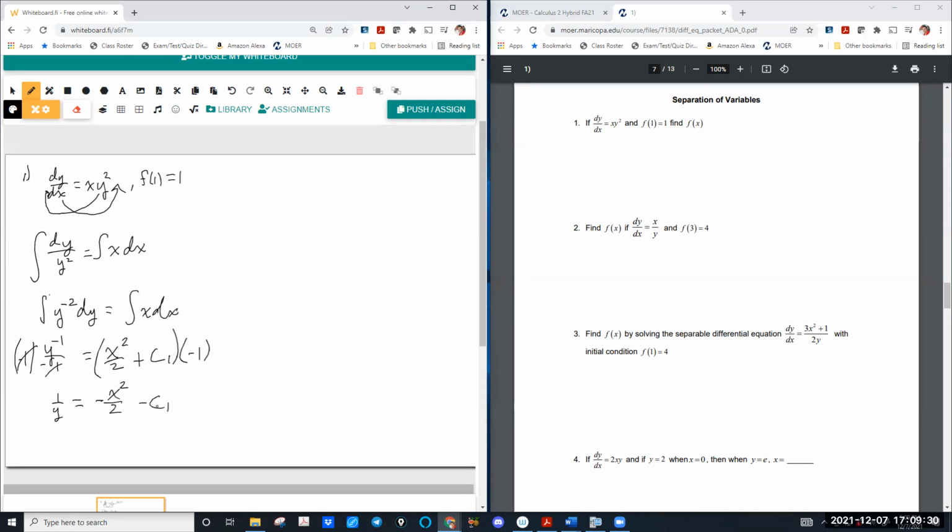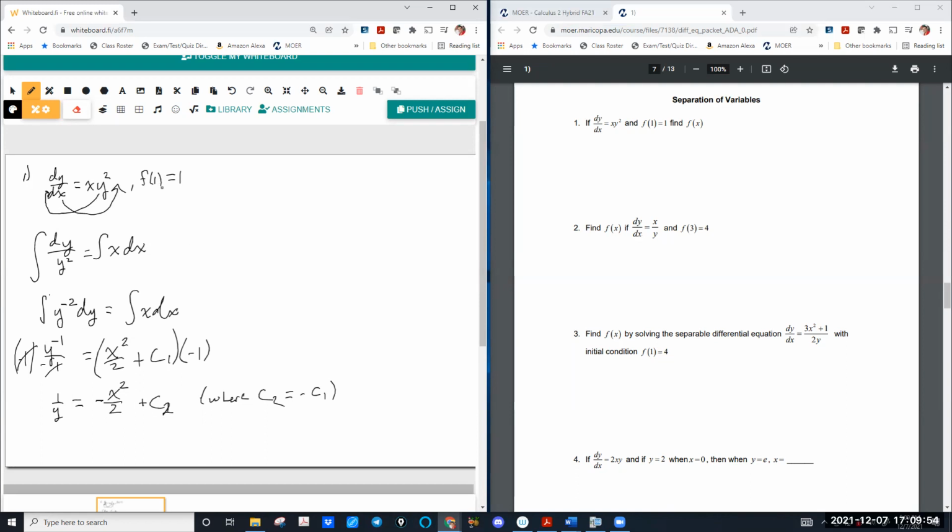Well, what we do when we're absorbing constants is we keep this plus, and we call this maybe c2. And that's where c2 equals negative c1. That's called absorbing a constant, because I just want to keep it plus c at the end of the day.